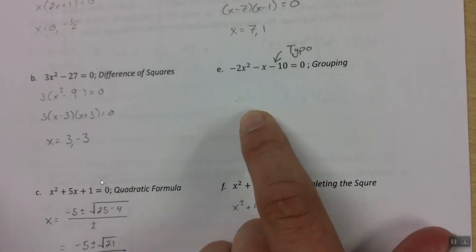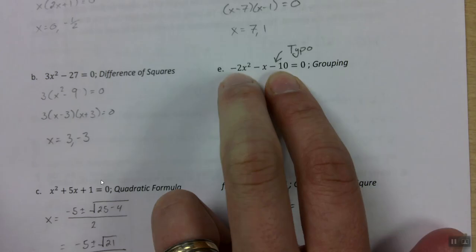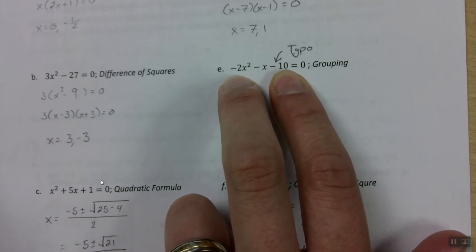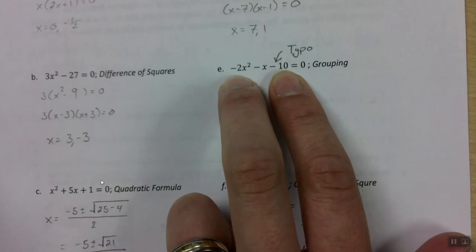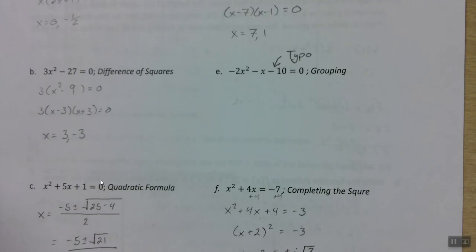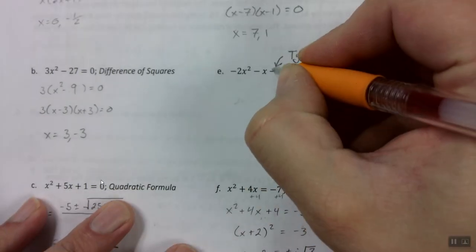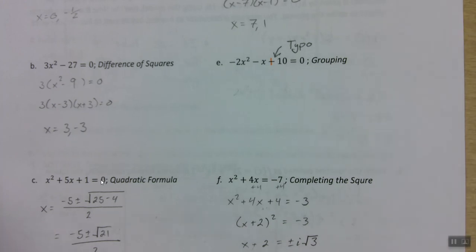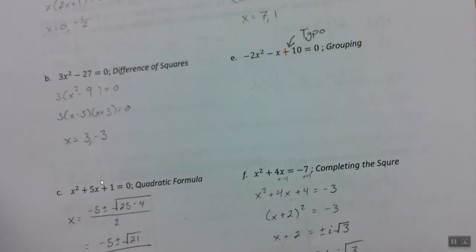You can't really tell, but I started erasing, because I need factors of positive 20 that add up to -1, right? Can't do it. Where do you think the typo should have changed? The negative. If you haven't done this problem yet, change it to a plus 10. That is my bad. As soon as it is a plus 10, it works out super nicely.